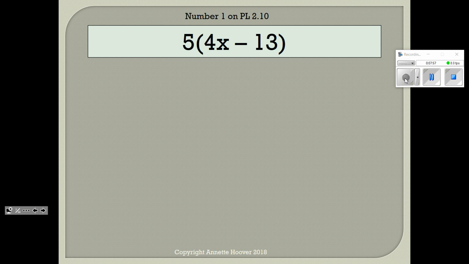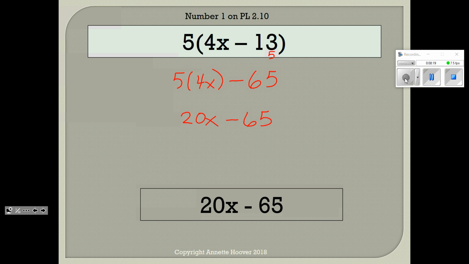So first we have 5 times 4x, which is 20x. Then we have 5 times a negative 13. When you're multiplying with one negative, the answer is negative, and that would be 65. These two terms are not like terms, so I cannot combine them, so I am finished. 20x minus 65.